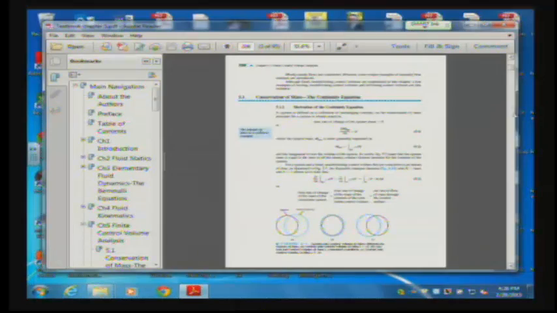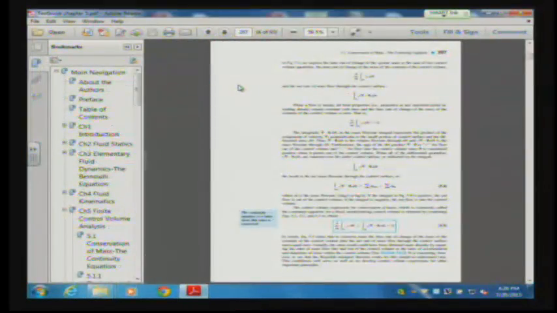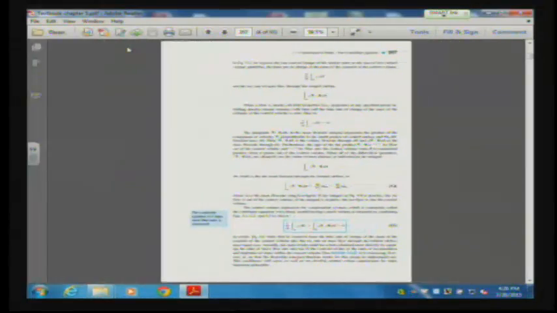The volume can be moving, it can be deformable, it can be undeformable, or it can be relative to something else. But we're not talking about a fixed mass.